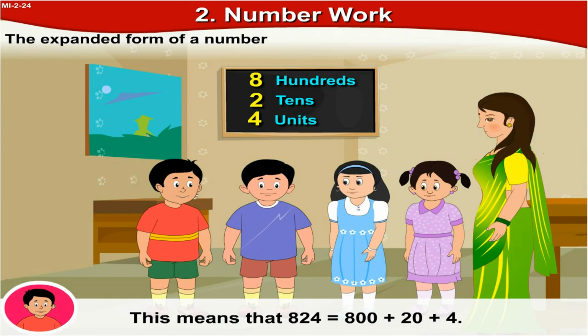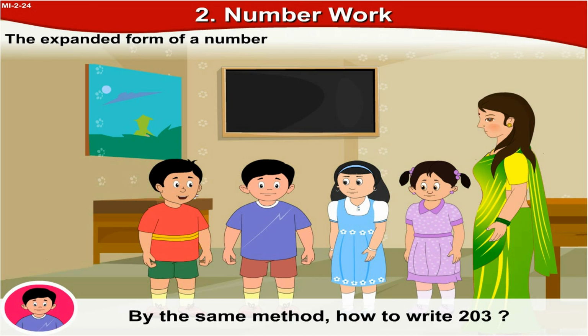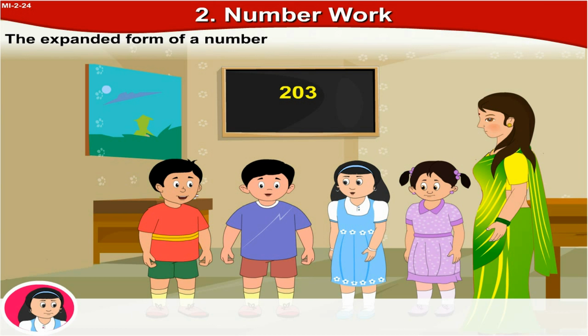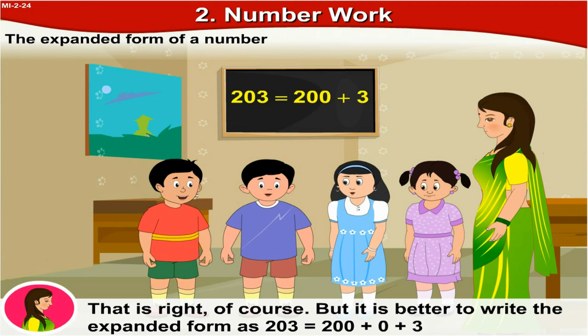This means that 824 is equal to 800 plus 20 plus 4. By the same method, how to write 203? It's so easy, Nandu. 203 is equal to 200 plus 3. That is right, of course.